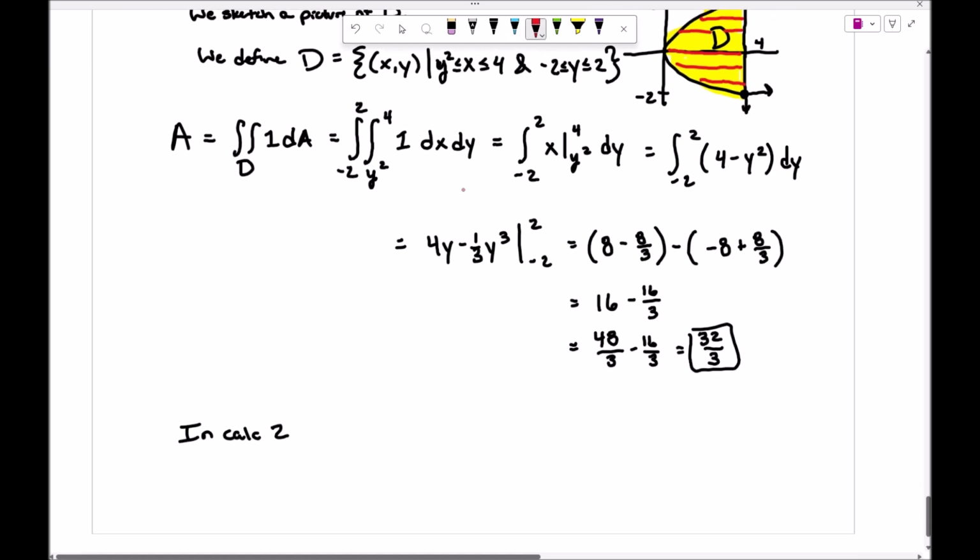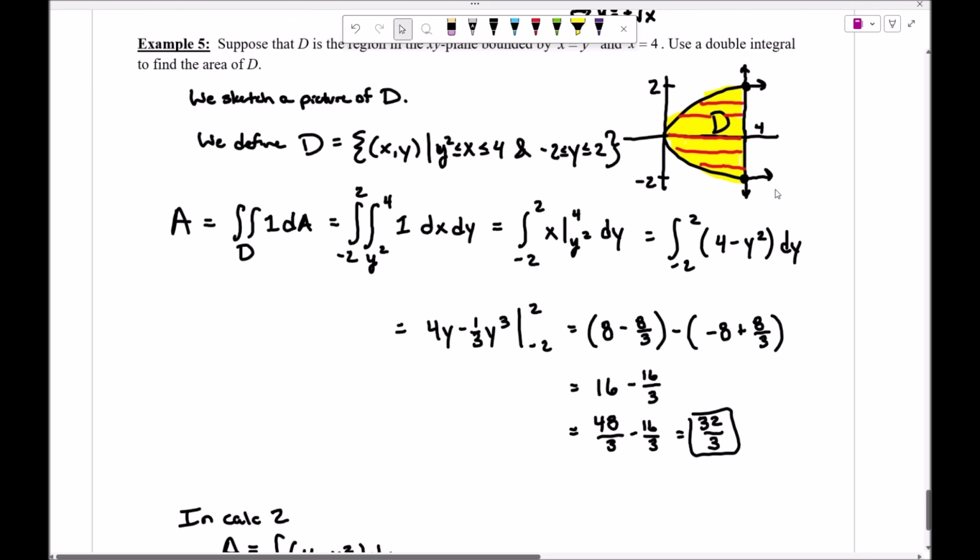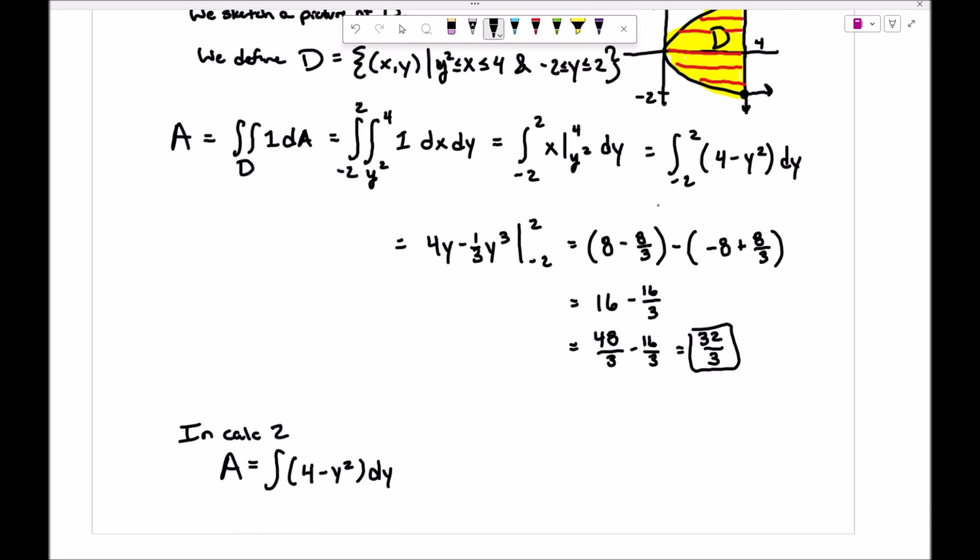And so in Calc 2, we would have said that the area here would have been equal to a single integral of right function minus left function. We would have been integrating with respect to y because our approximating rectangles stack vertically, as you can see here. And the lowest possible red rectangle would have been down at -2, and the highest would have been up at +2.